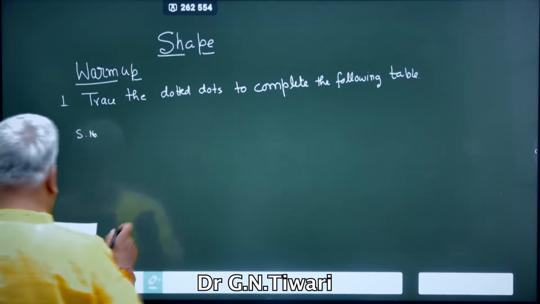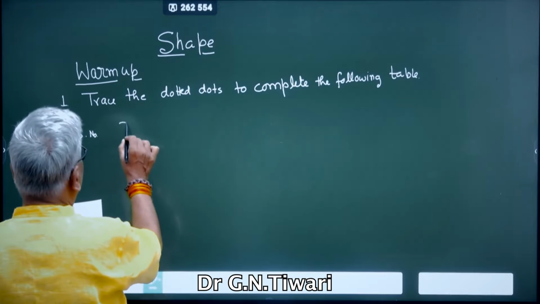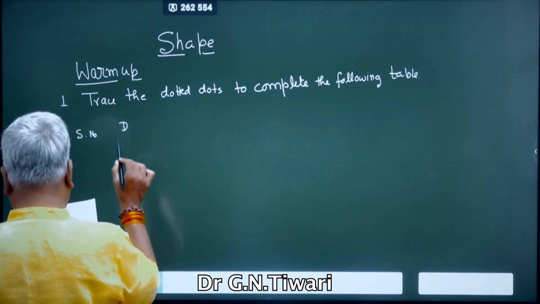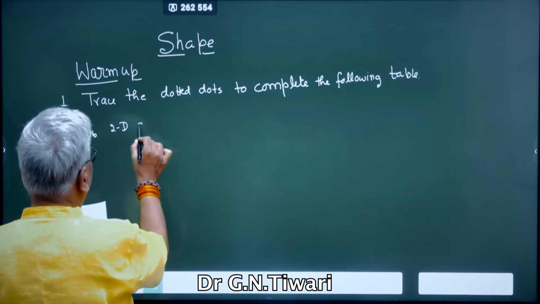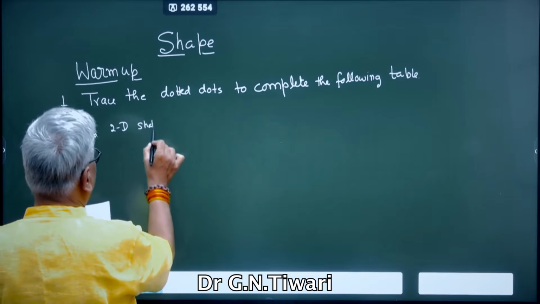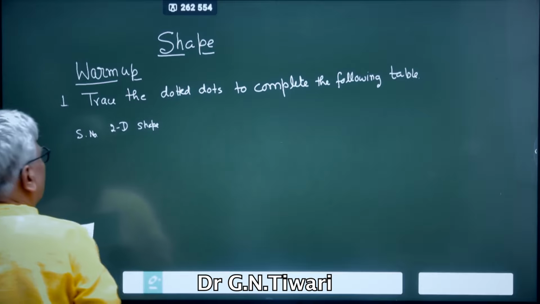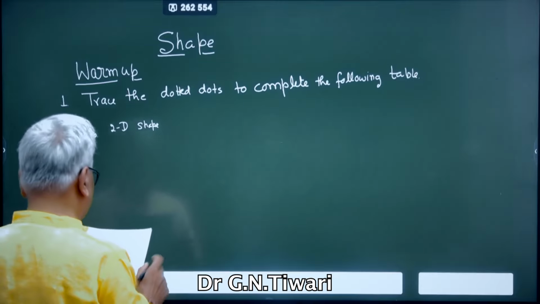Serial number, then this is 2D shape. Two-dimensional shape I have already spoken in the class. Again I will tell you here also.